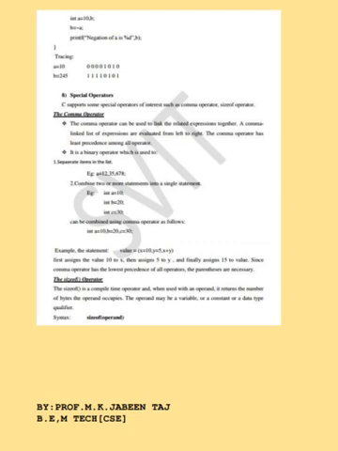Example, this statement value = (x = 10, y = 5, x + y) first assigns the value 10 to x, then assigns 5 to y, and finally assigns 15 to value. Since comma operator has the lowest precedence of all operators, the parentheses are necessary.